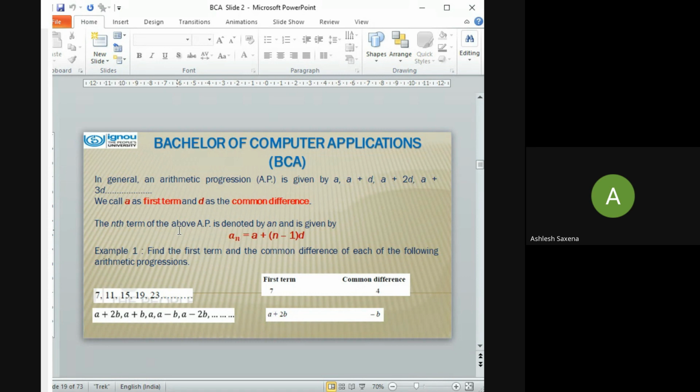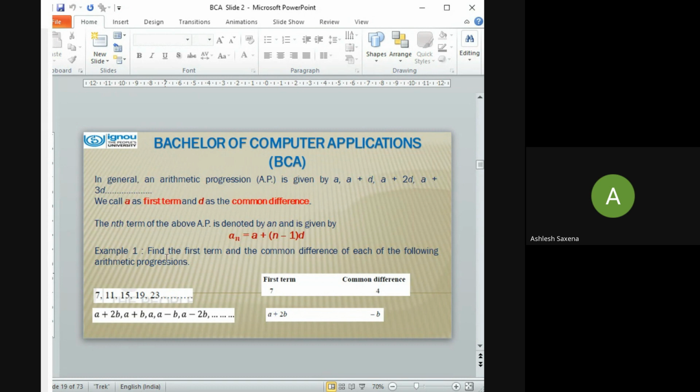A series is given to you: 7, 11, 15, 19, 23. What is the first term of this series? 7. What is the common difference of this series? 4. What about the second series? All of these are 4, teacher.